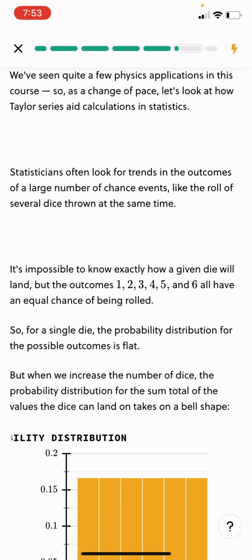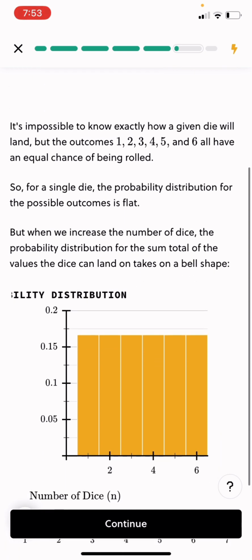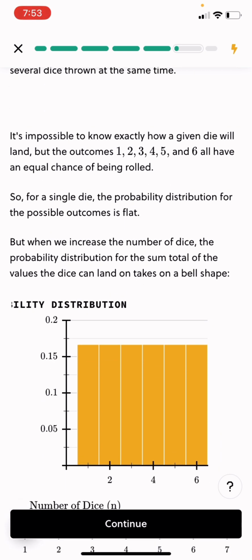It's impossible to know exactly how a given die will land, but the outcomes 1, 2, 3, 4, 5, and 6 all have an equal chance of being rolled. So for a single die, the probability distribution for the possible outcomes is flat.